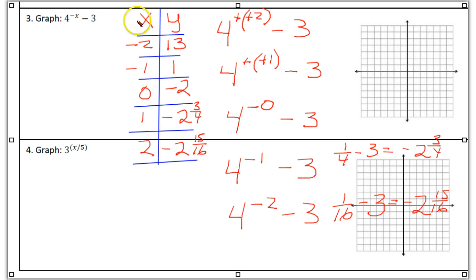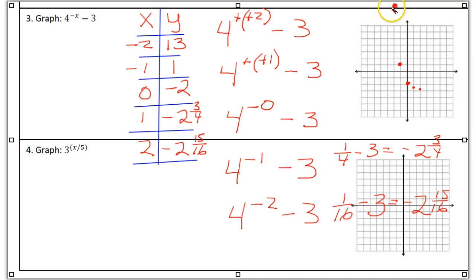Now let's plot these points. So 13, negative 2, 13 is way up there. I kind of just guesstimated a point. Then negative 1, 1, so negative 1, 1. And then 0, negative 2. So we get a curve then.